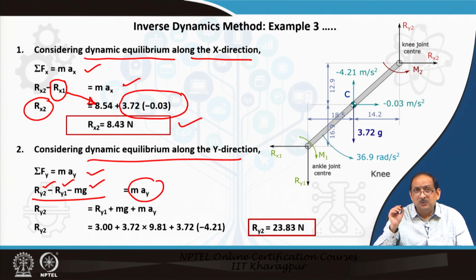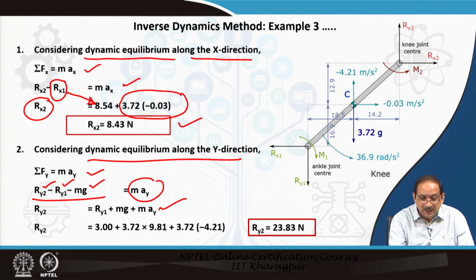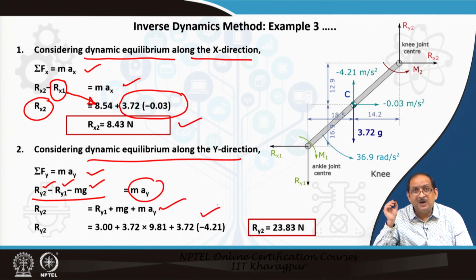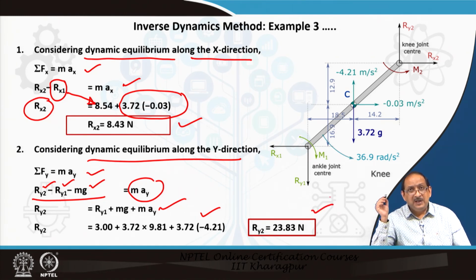So, putting the values in the equation, we can solve out Ry2 as 23.83 Newton.